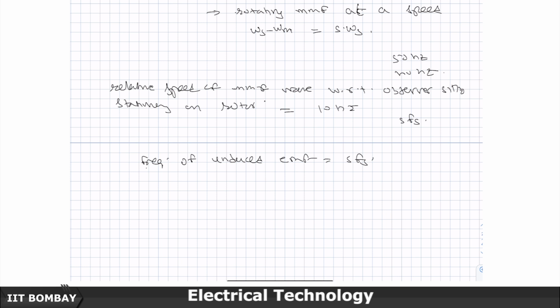And then, of course, every winding has a resistance and an inductance. So, it will see an EMF which is at a frequency, if the EMF induced in it is a sinusoid, and we will see that in more detail in a subsequent class.